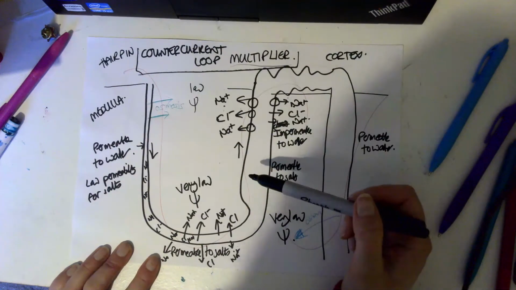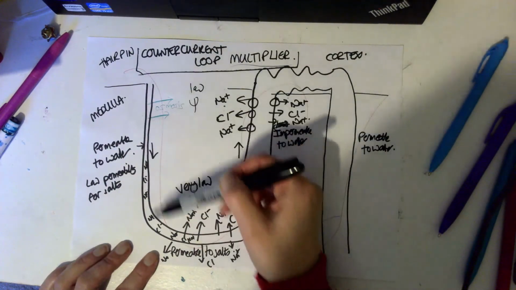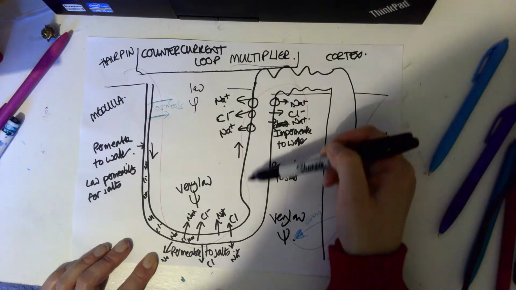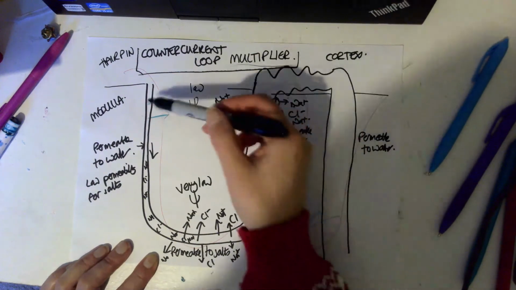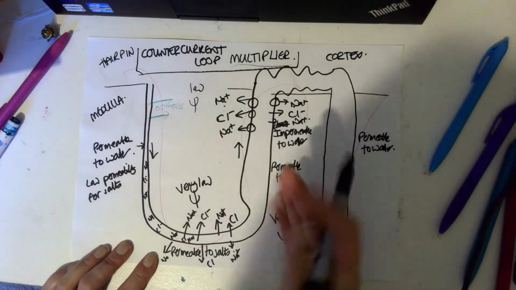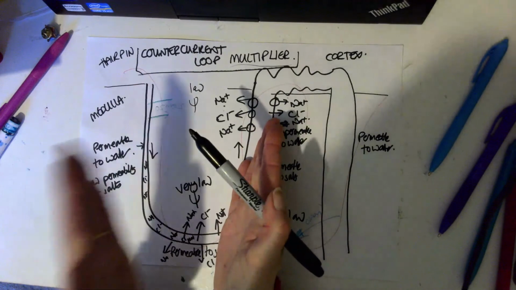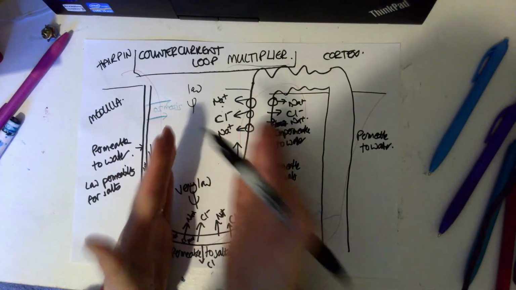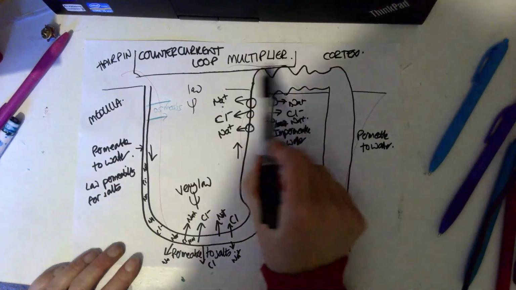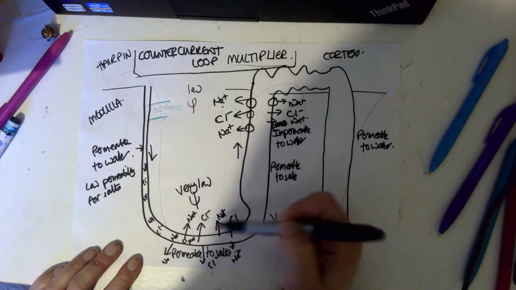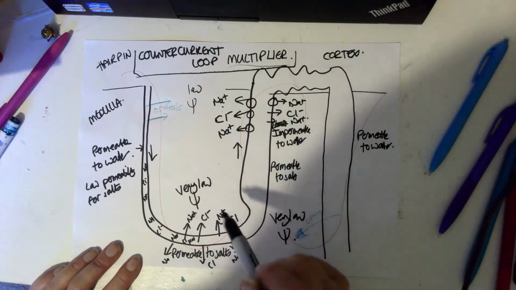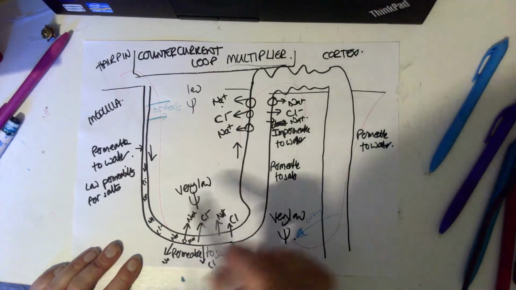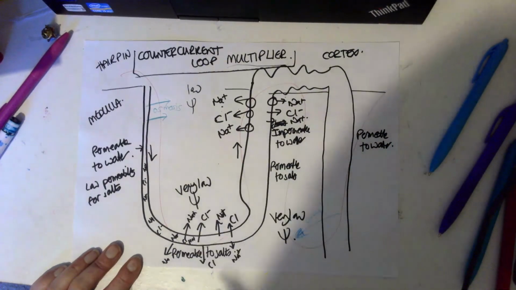It might also mention hairpin if it's talking about this very tight, close bend. And the reason why it's a hairpin bend is because then you can have the ascending limb very close to your descending limb. The multiplier is all about multiplying the saltiness of the medulla. So you're decreasing the water potential quite dramatically in that area.